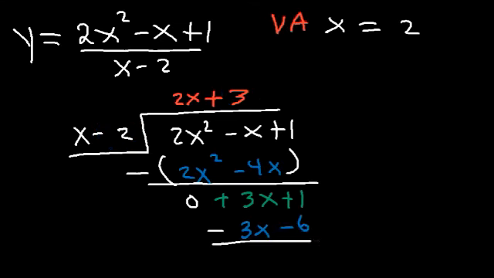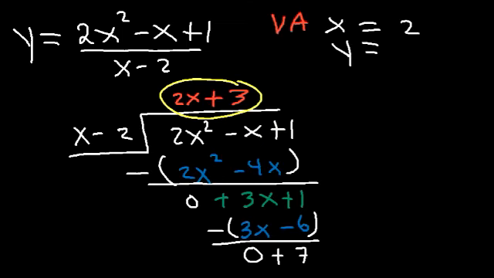So we need to subtract. 3x minus 3x, well, that cancels to 0. 1 minus negative 6 is the same as 1 plus 6, so the remainder is 7. Now we don't need to worry about the remainder. This is what we need. The equation of the slant or the oblique asymptote is y is equal to 2x plus 3.